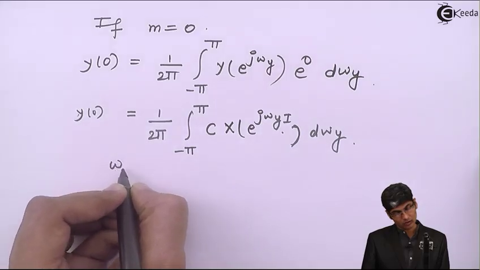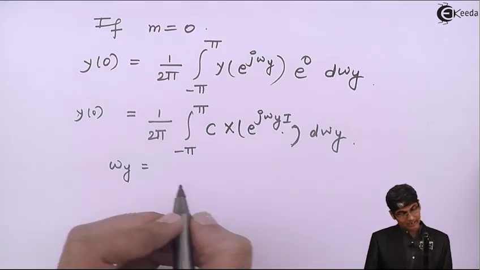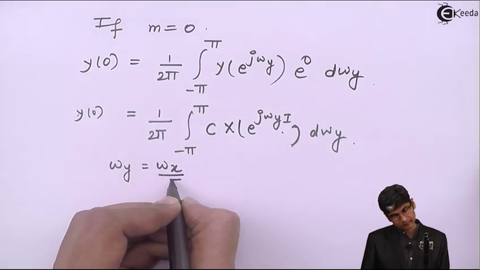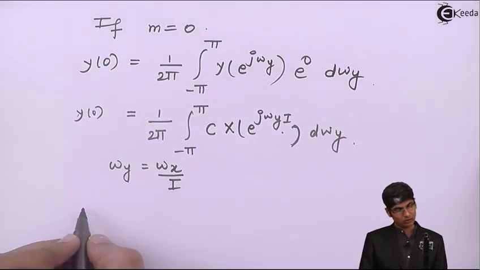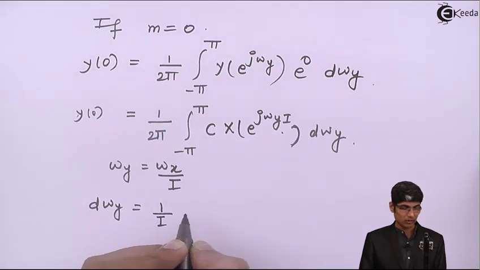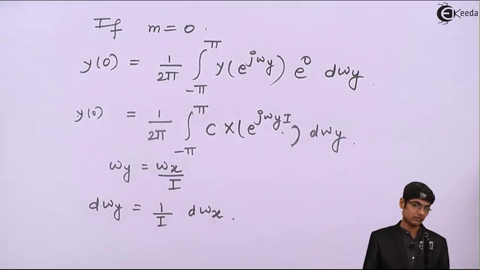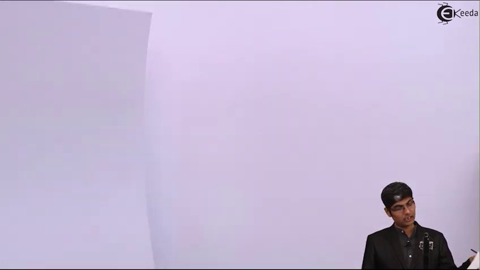We know that omega y is equal to omega x by I. Therefore if we differentiate on both sides, d omega y equals 1 over I d omega x. Let us substitute into the above equation.